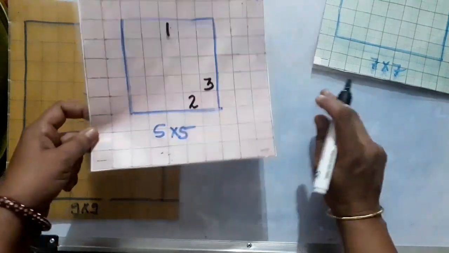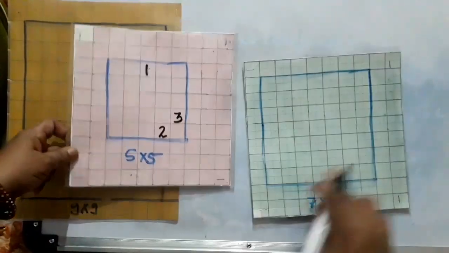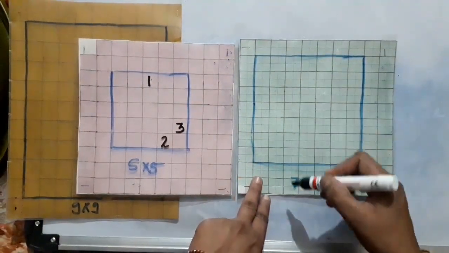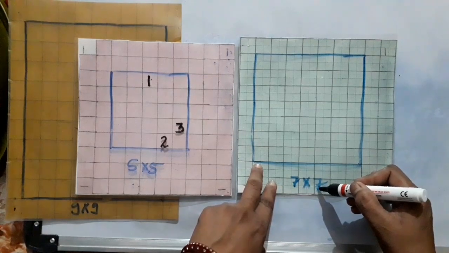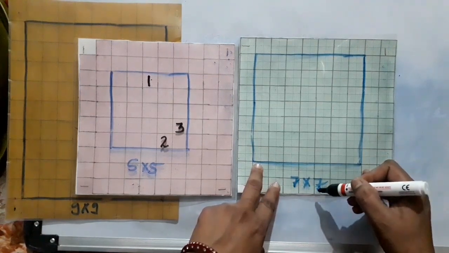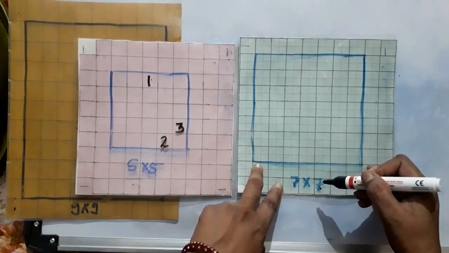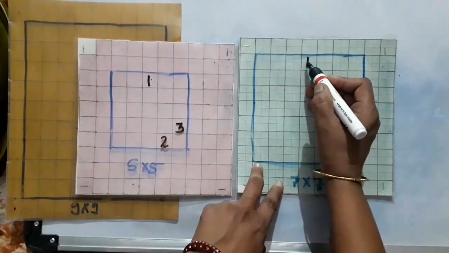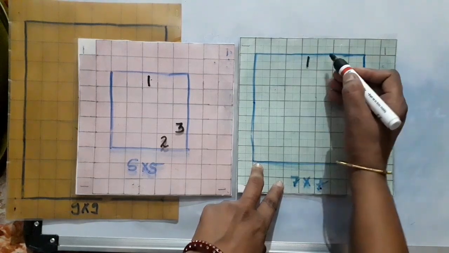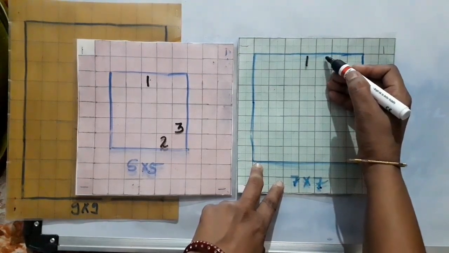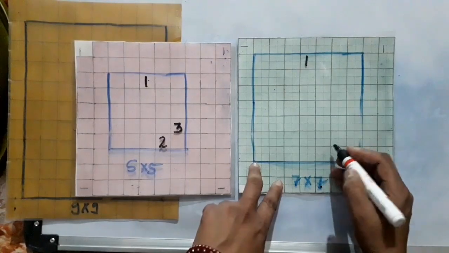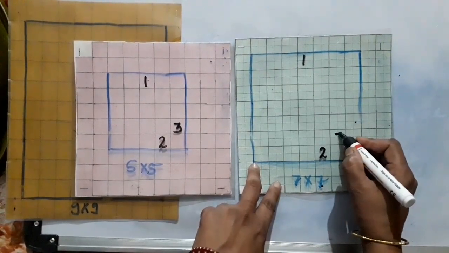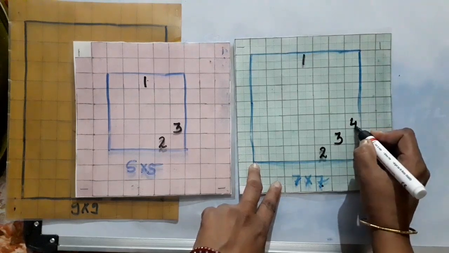If it is clear, let's go with 7 by 7 here also, so that you are clear with these steps. So in 7 by 7, I need to write the numbers from 1 to 49. I need to start from the center column with number 1, that is here, the center is here. Go one square to the right and move to the bottom line, write there 2, and then move diagonally. That is, here you have 2, 3 and 4.